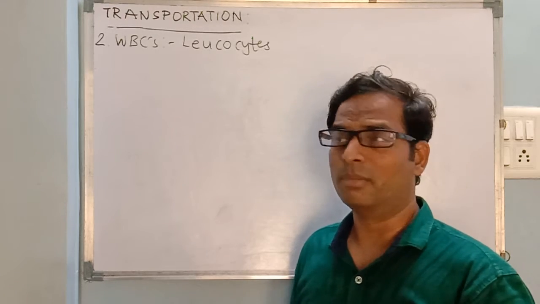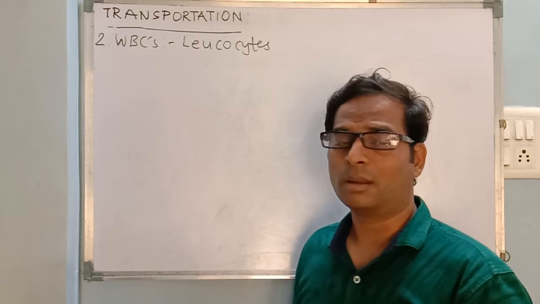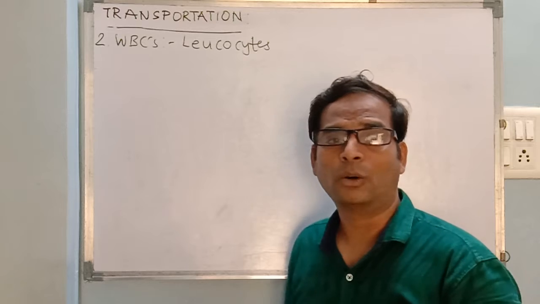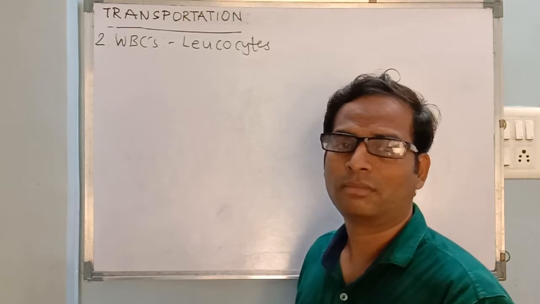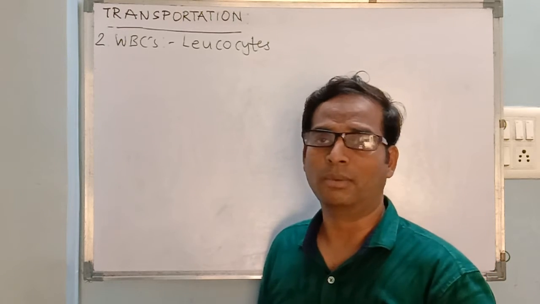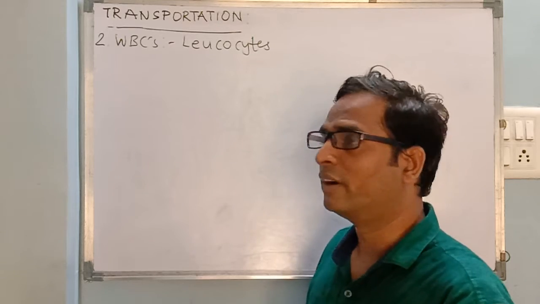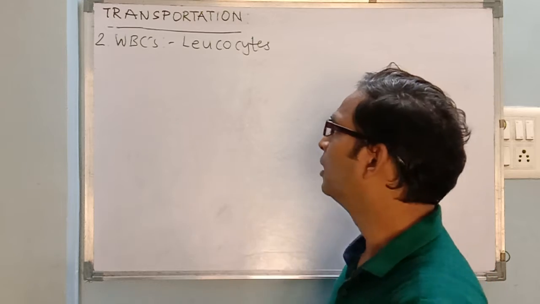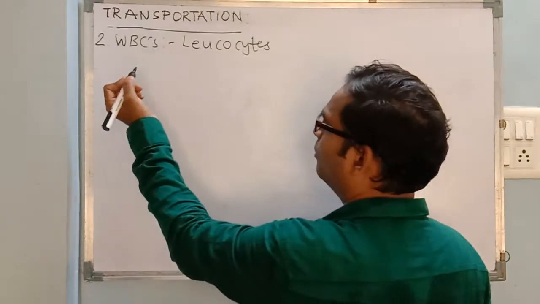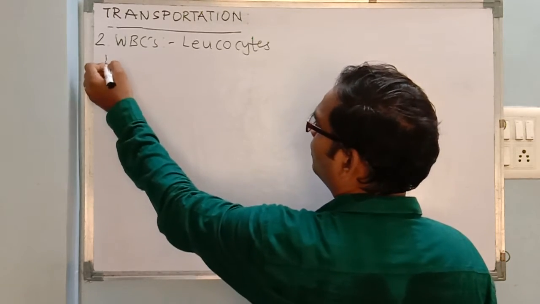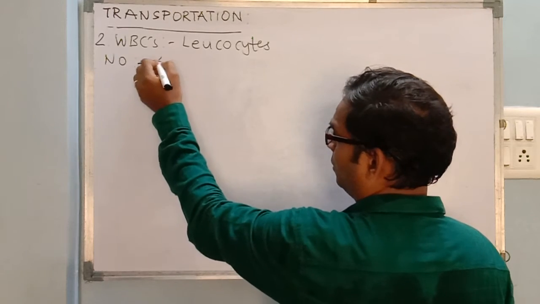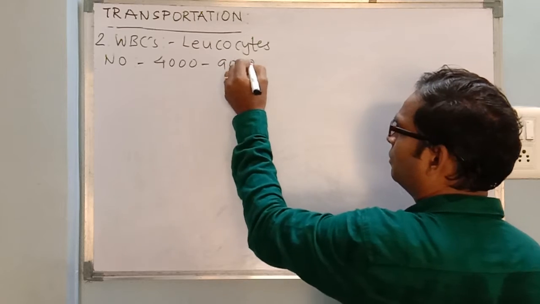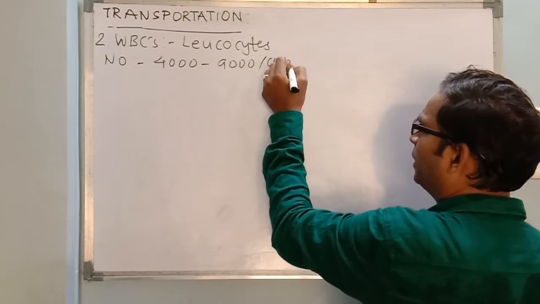When it comes to the number, RBCs are about 4,000 to 5,000 million per cubic millimeter. Remember the number, 4,000 to 5,000 per cubic millimeter. But when it comes to these WBCs, these are only 4,000 to 9,000 per cubic millimeter.